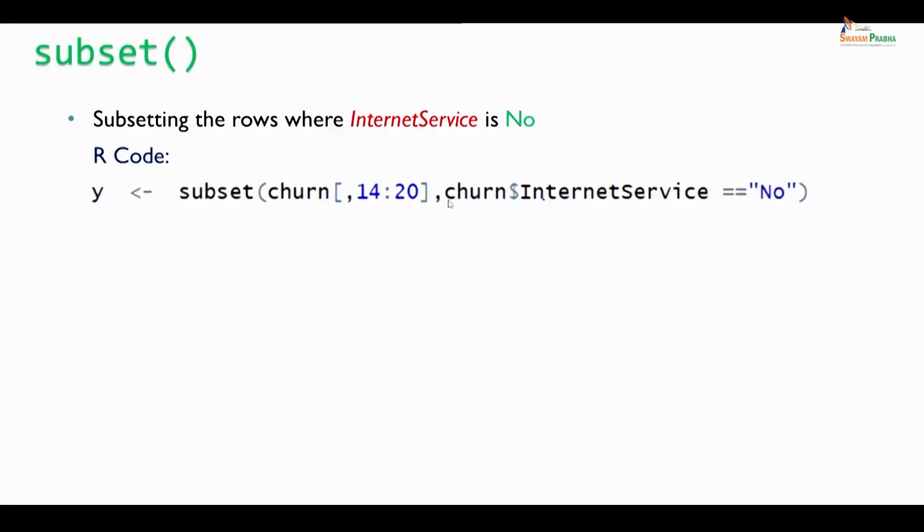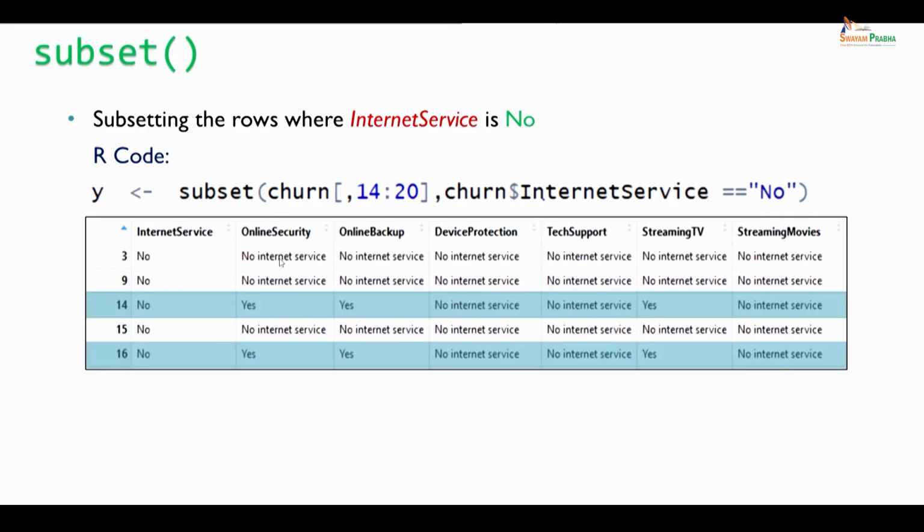That means that I need all those rows, but only the columns from 14 to 20. The next argument is the condition: from the data churn I am accessing the internet service. The condition is wherever internet service is equal to no, that is wherever I do not have internet service, I want to subset them to a data frame called y. This is the snippet to show the subset.